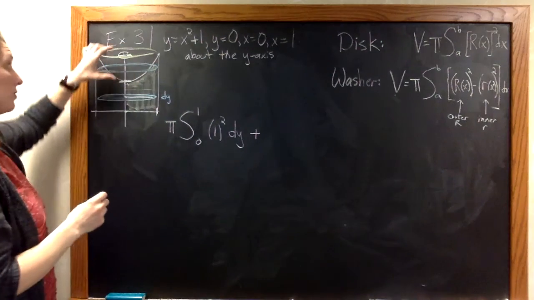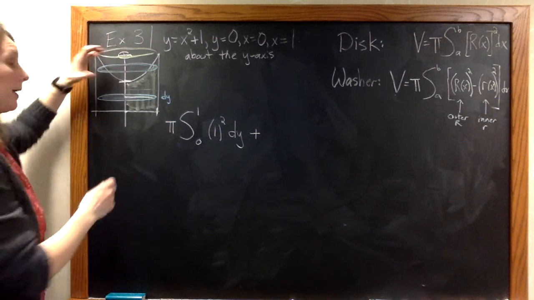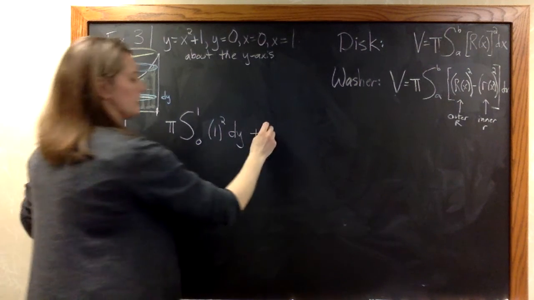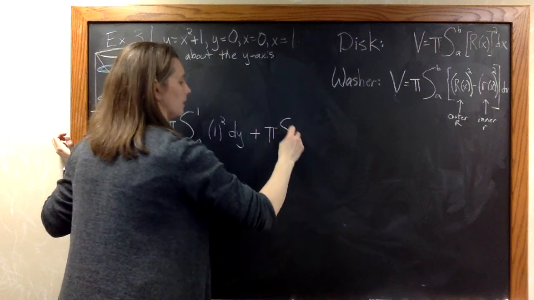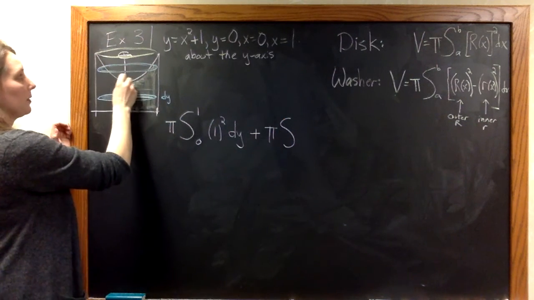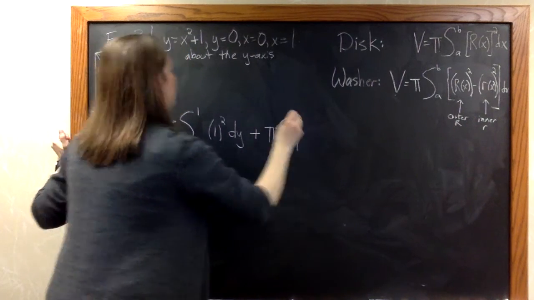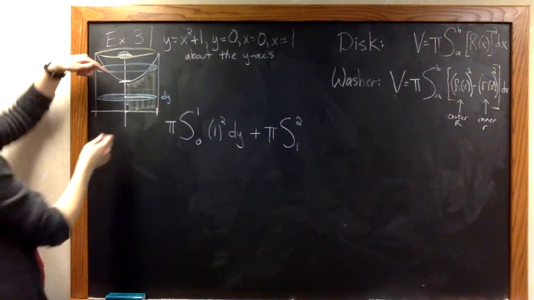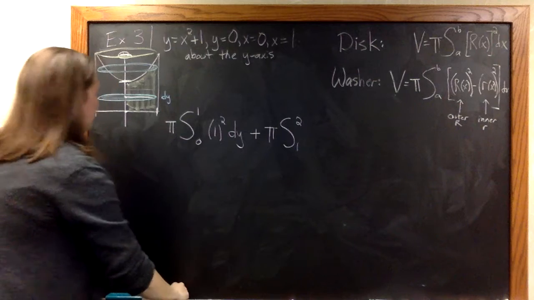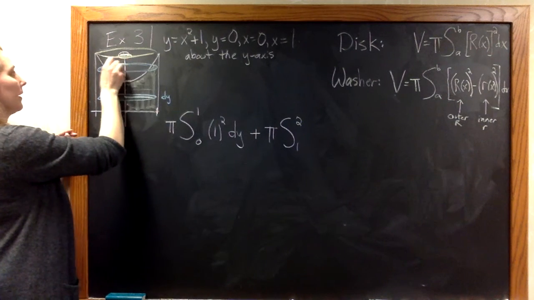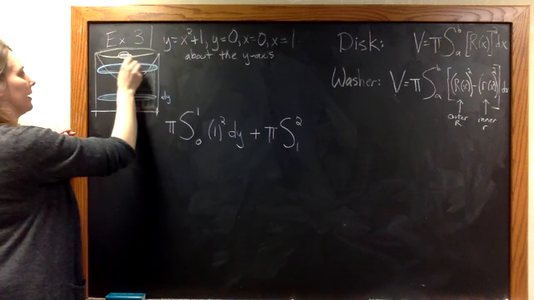Plus, we're going to have to do the washer section up here, okay? So for the washer section, it's still pi r squared. Now we're going from our y values from 1 to 2. And we need to think about this washer. I've drawn one of them. Hopefully you can see, I can make it a little bit darker for you. Okay, thinking about this one right here.